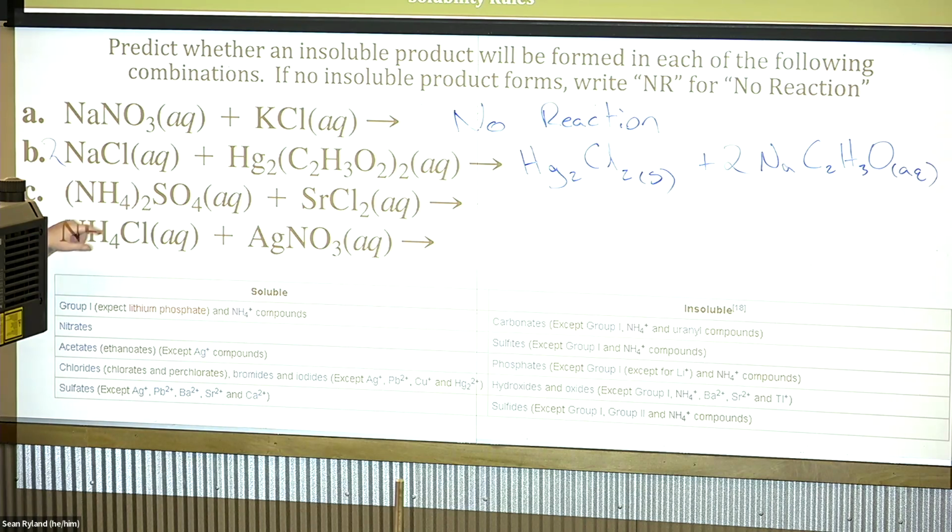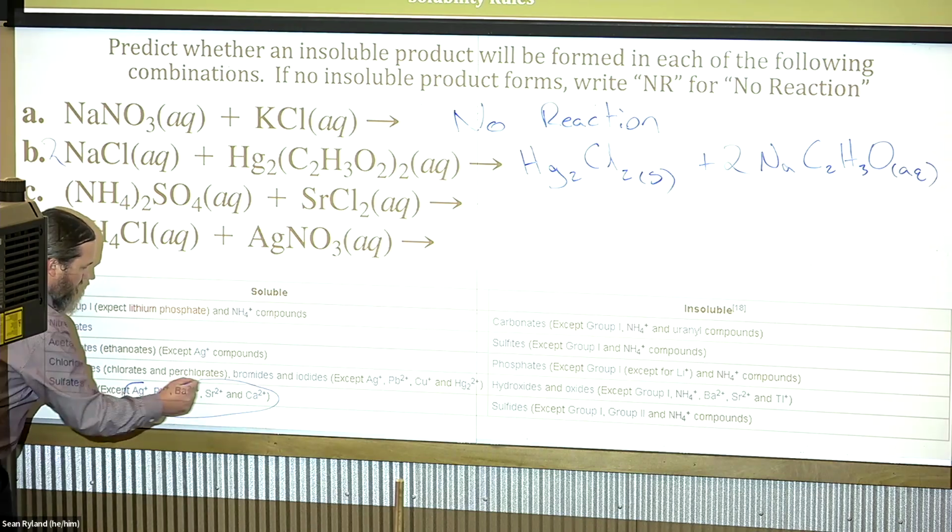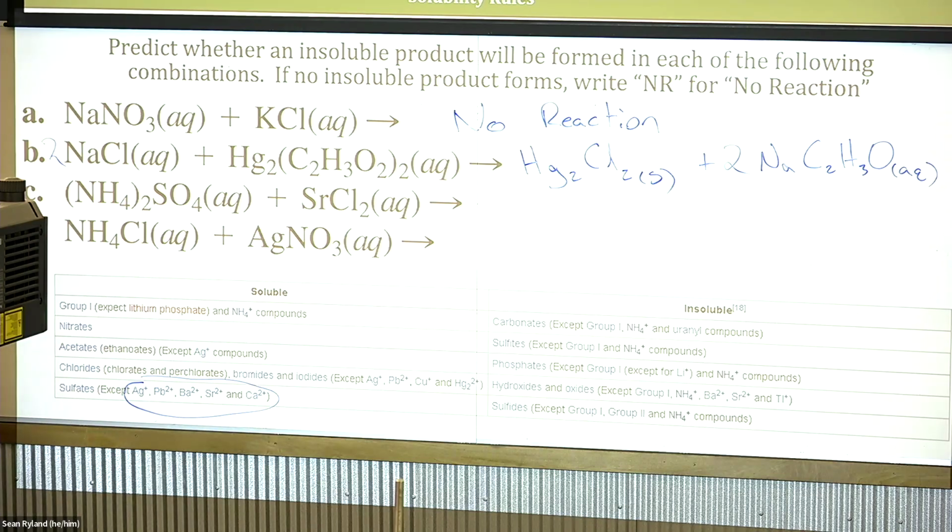Sulfates we haven't dealt with yet. So sulfates, we come down here, we find them on our table. They're under their soluble category. They're soluble except for those exceptions right there. Silver, lead 2, barium 2, strontium, not barium 2, barium's always a +2, strontium ions and calcium ions.